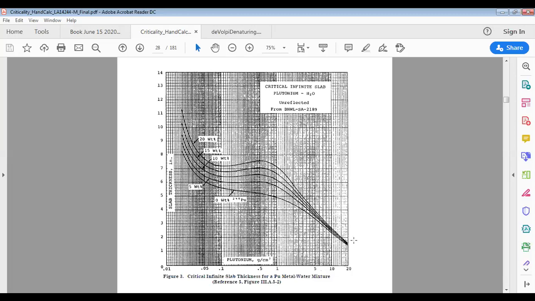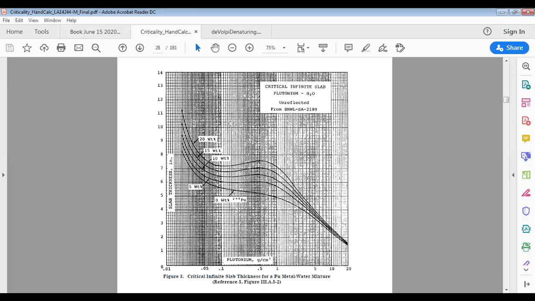And it also depends on the percentage of the bad stuff. Now the bad stuff is plutonium-240. So if you have like 20% plutonium-240, versus if you don't have any, for the same concentration, it was a 6-inch thickness over here, and now you require almost a 7.5-inch thickness. So that spoils the show.